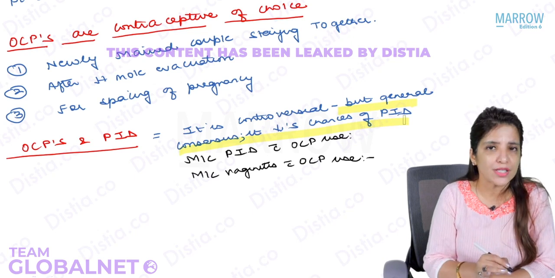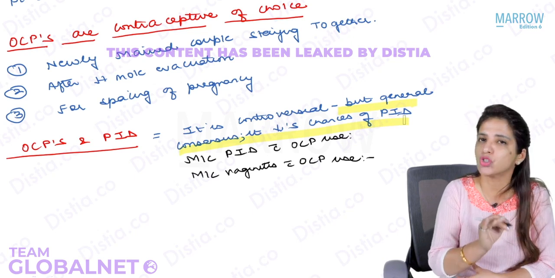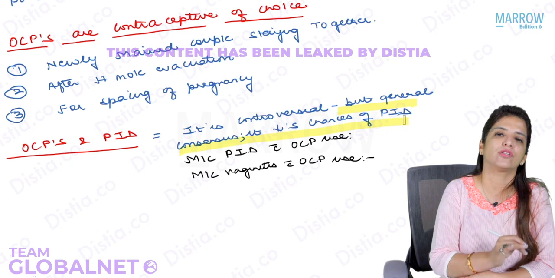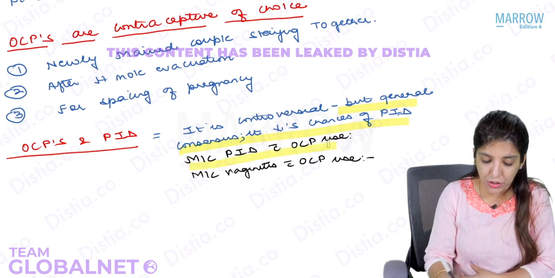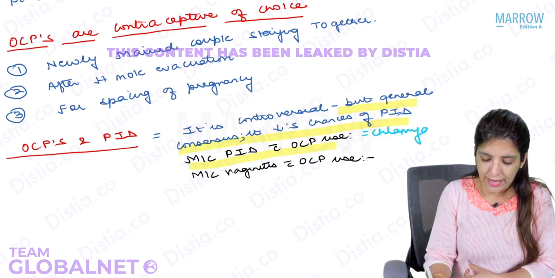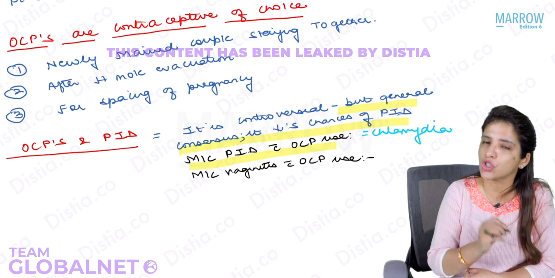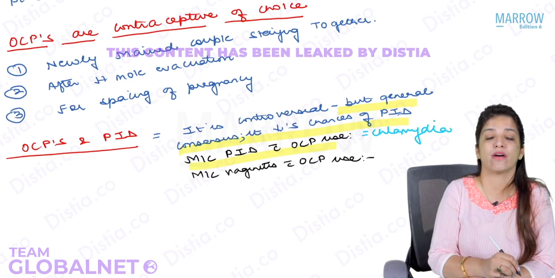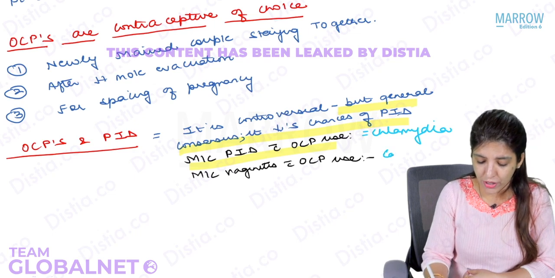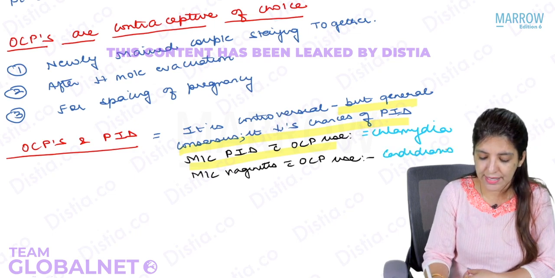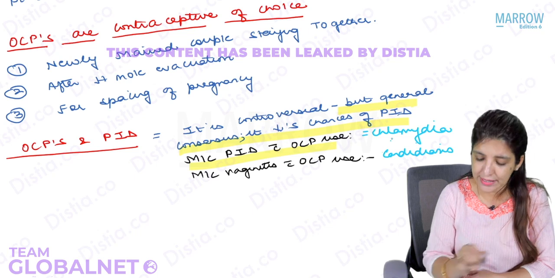But if a question is asked to you, what is the most common PID which is seen after the use of oral combined pill, then the most common is chlamydia. And if they ask you which is the most common vaginitis which occurs after the use of oral combined pills, then the most common vaginitis is candidiasis, right?